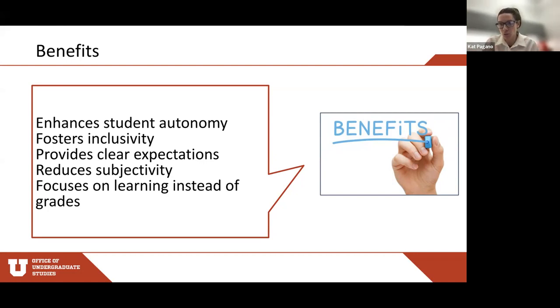When do I want to do this work, right? Do I want to skip this assignment because I've got 14 out of 12, or do I want to save it to the end of the semester? Again, we're allowing them to make these decisions instead of us making these decisions. Fostering inclusivity because it gives them that autonomy, right?